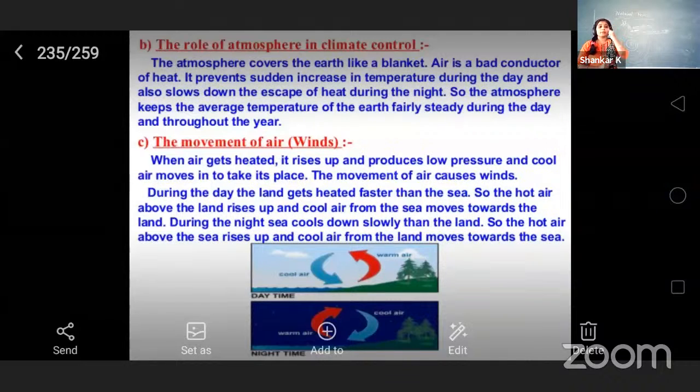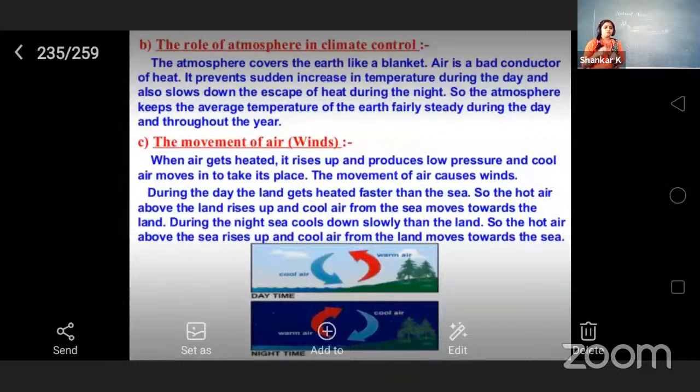Air is a bad conductor of heat. Water is a good conductor, which can pass the electric current. We know that water conducts electricity, but air is a bad conductor of heat. It prevents sudden increase in temperature during the day and also slows down the escape of heat during the night.